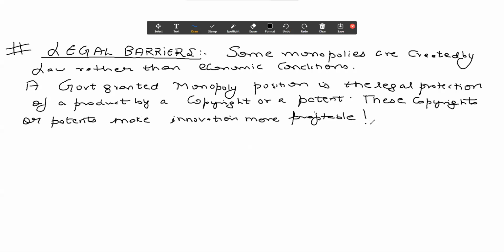Okay, so this was the first point within the legal barriers. The second point within the legal barriers.